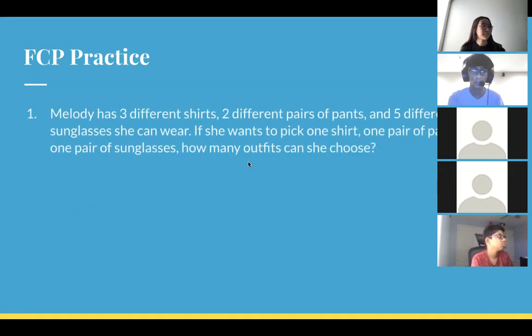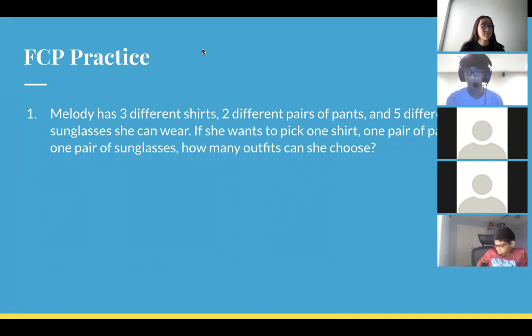Okay. So now we're going to do some practice questions. All right. And these are going to be worth points. So Melody has 3 different shirts, 2 different pairs of pants, and 5 sunglasses she can wear. If she wants to pick one shirt, 1 pair of pants, and 1 pair of sunglasses, how many outfits can she choose? All right.